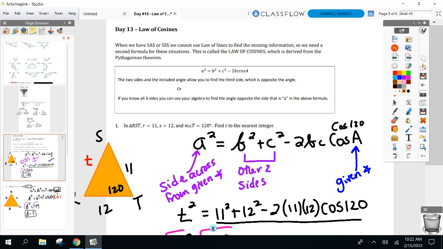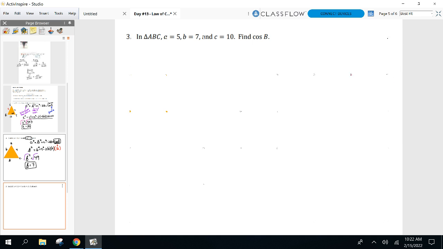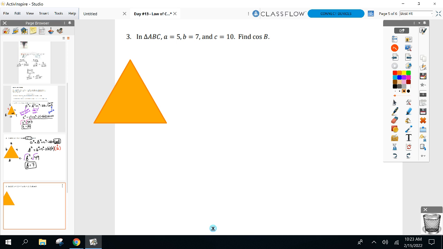Now here's what I want to change. We're not going to solve for the left side anymore. We're going to solve for something in the right side now. Go ahead, set up triangle ABC for me. A is 5, B is 7, C is 10.